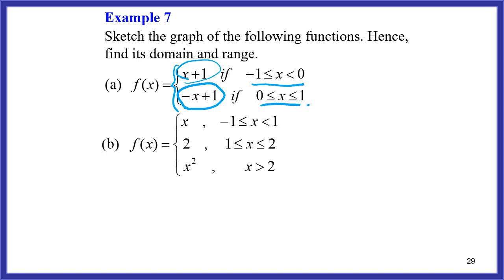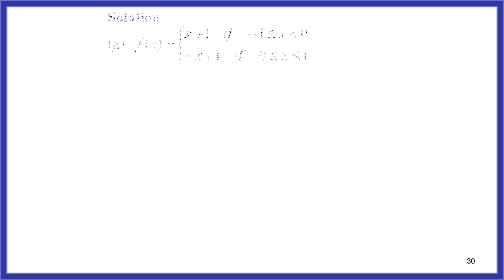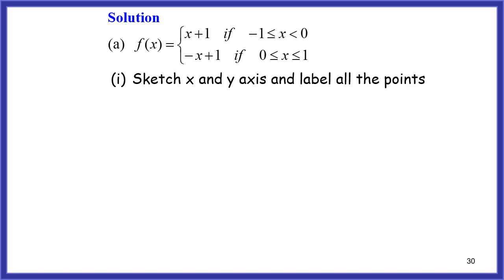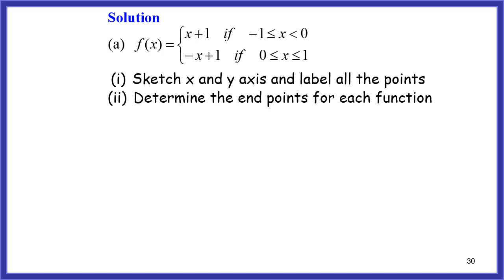Okay, so let's see how to solve this type of question. We want to sketch the graph first. For question A, what we need to do is separate the domain into two parts, sketch the x and y axes and label all the points. Determine the endpoints for each function.